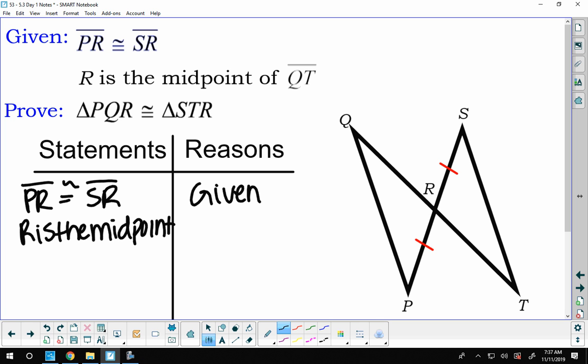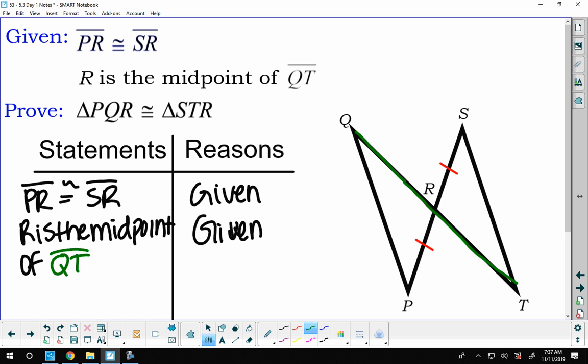So R is the midpoint of segment QT. I'm going to highlight segment QT in the picture, and I highly recommend this strategy. Otherwise, you might get the wrong segments. So segment QT, R is the midpoint. Midpoint means middle, which means that it cuts the segment in two equal halves.